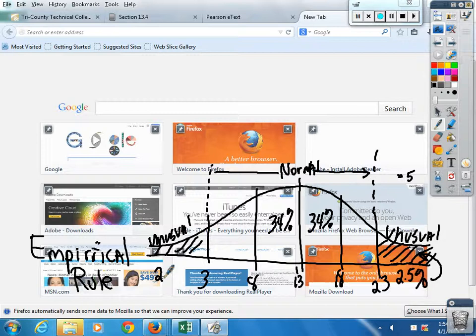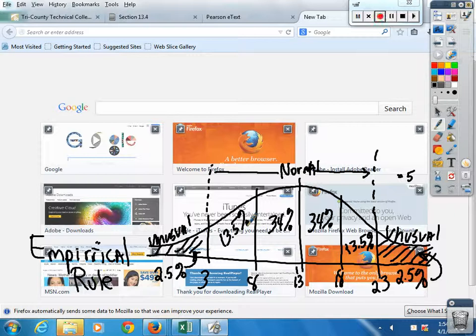This one, I think, is 13.5. You should add them up, and they should equal 100. 2.5 and 13.5 is 16, and 16 and 34, yeah, that's right.